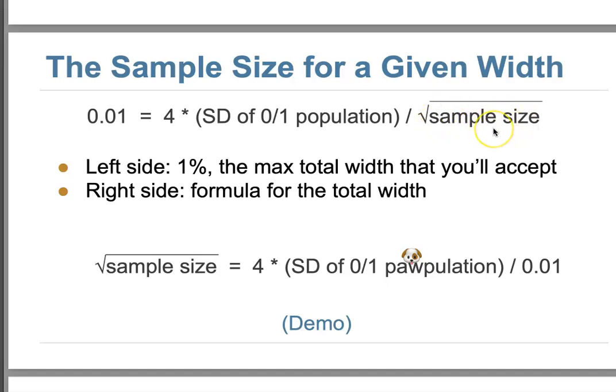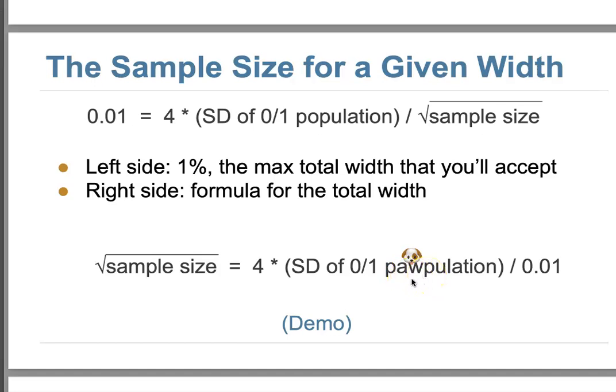Since we want to find the sample size, we move the sample size to the left-hand side, and we have 0.01 on the right. In order to find the sample size, we take the square of 4 times the standard deviation of the 0,1 population, divided by 0.01. So the question for us is, what is the standard deviation for the 0,1 population?